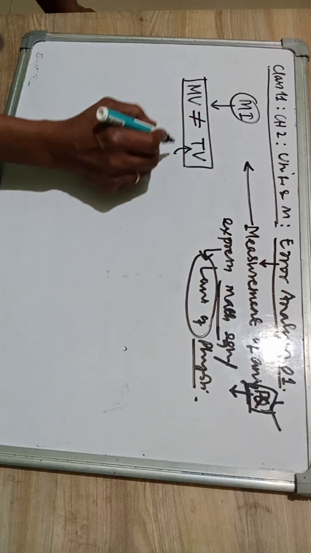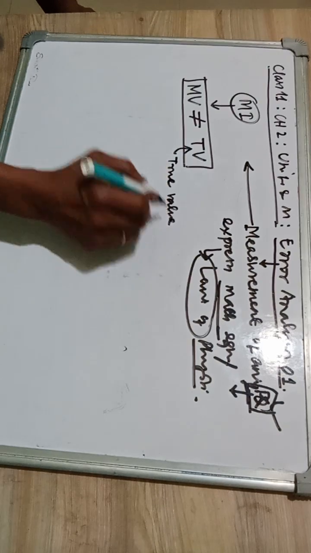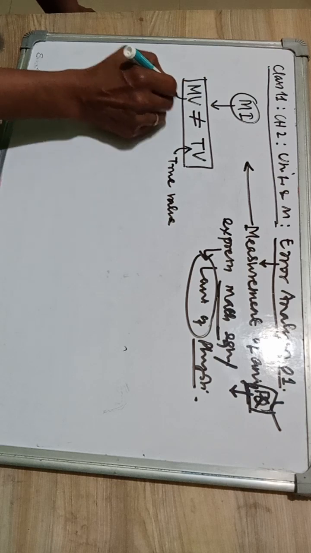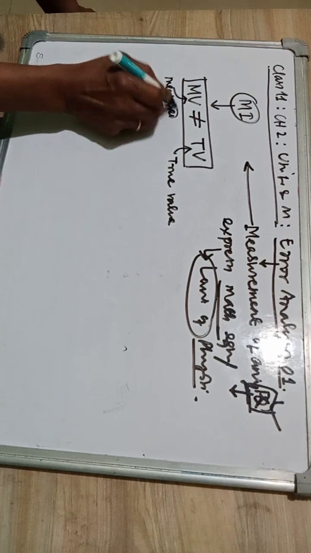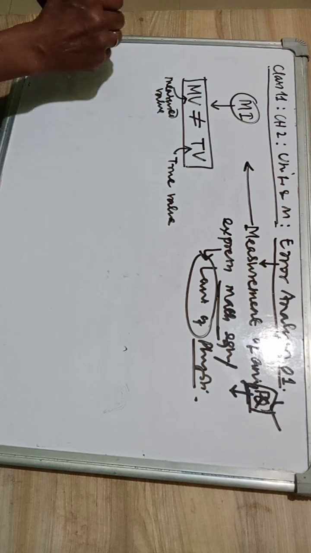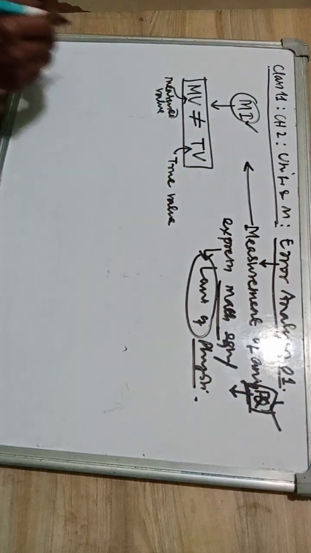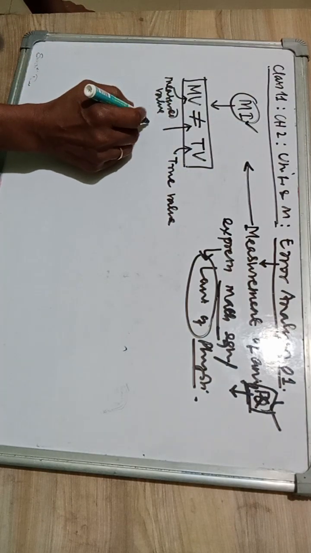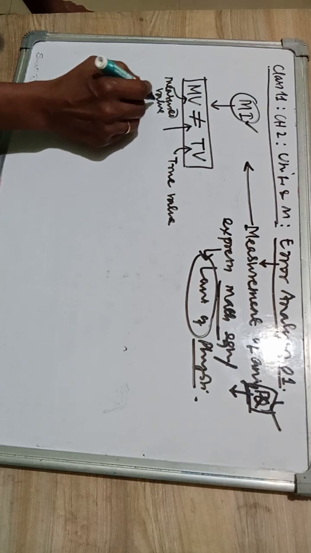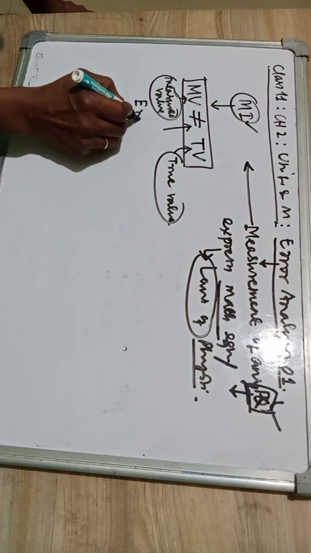This is the true value or exact value, whereas this is the measured value, that is the value we got after measurement using any measuring instrument. Due to this deviation or inequality between measured value and true value, error is generated.